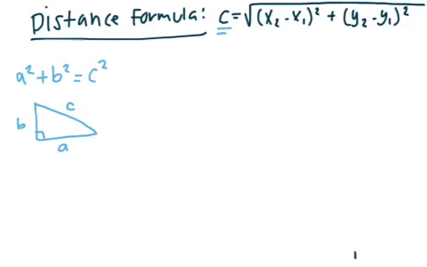Now, if we had two ordered pairs on a graph, so let's just draw us a coordinate plane. If I had two ordered pairs on a graph, let's just say I have an ordered pair here, I have an ordered pair here. To find that distance, we would do our slope triangle.